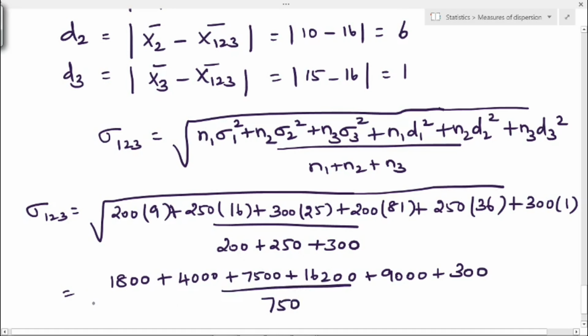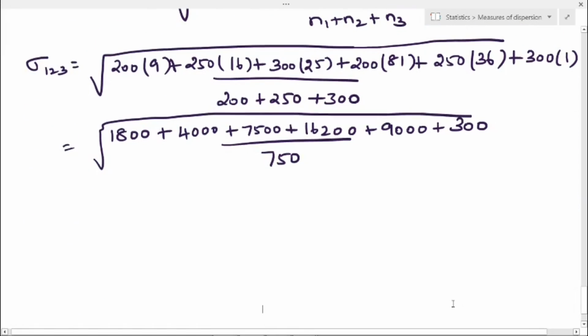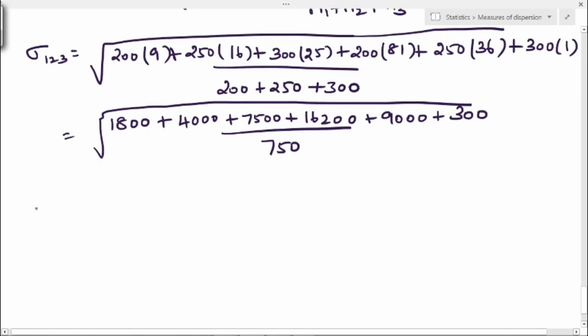So this is the square root of this value. Sigma 1 2 3 is equal to the square root of, if you add all the values, 38,800 divided by 750.